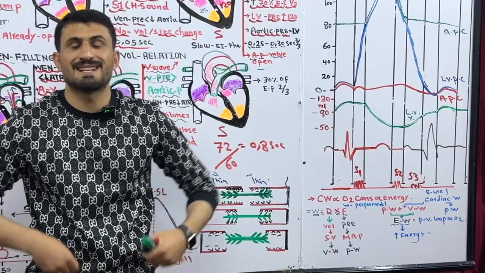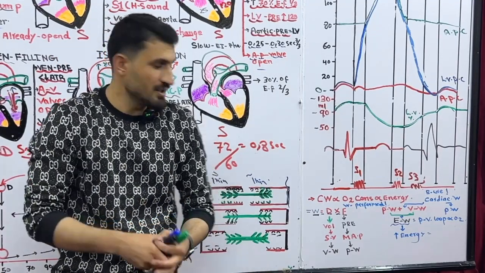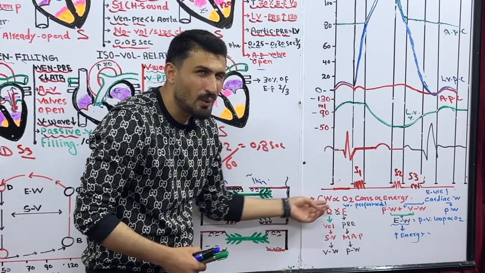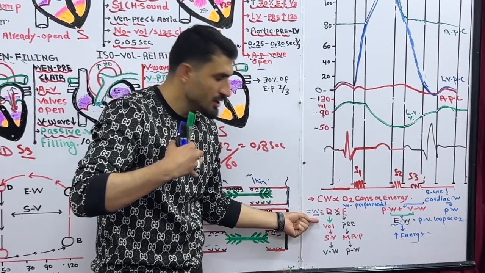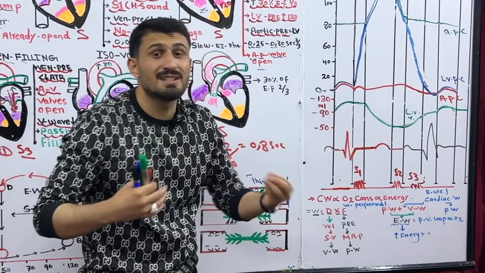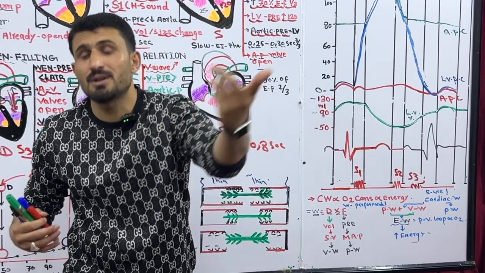Force means how much energy is produced by you. In our heart, work is directly proportional to oxygen consumption, and oxygen consumption is directly proportional to ADP.